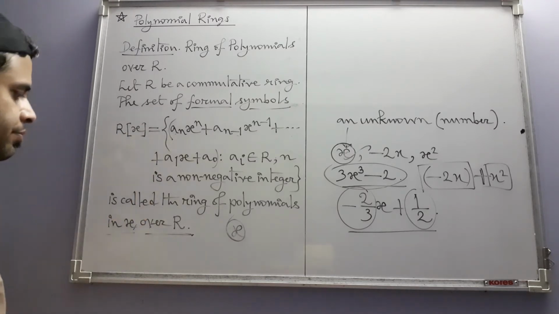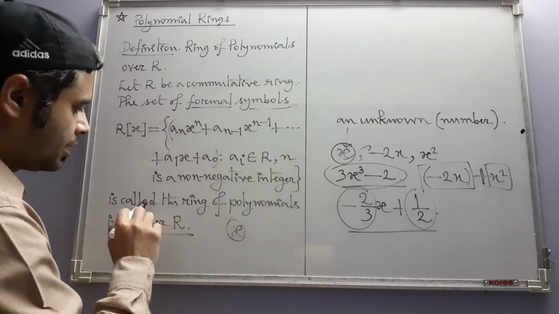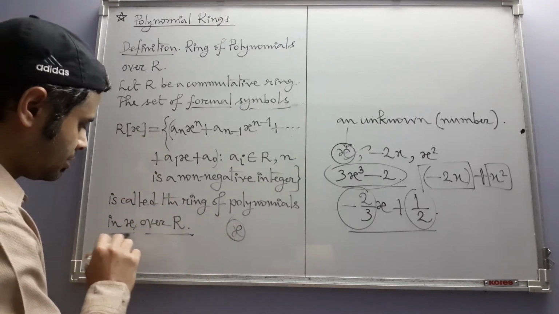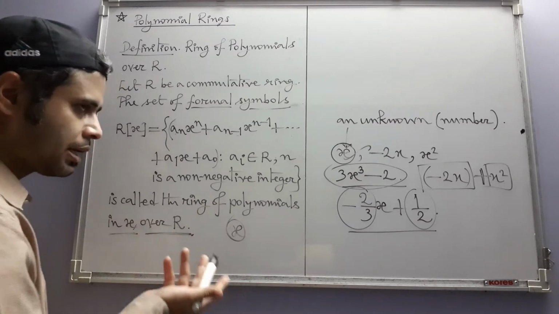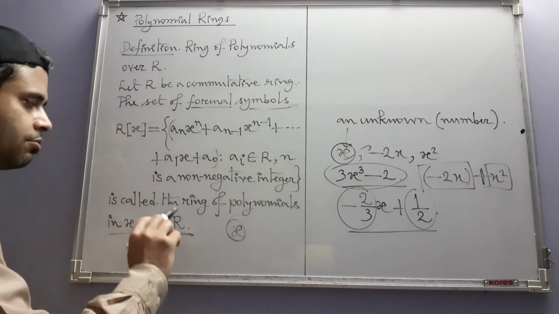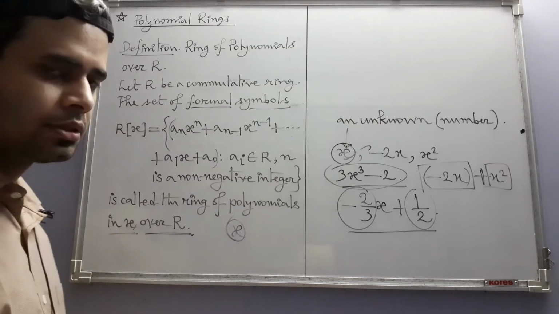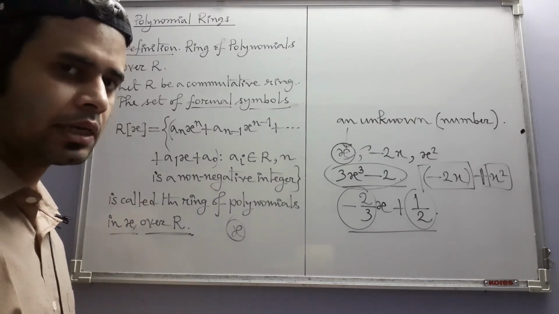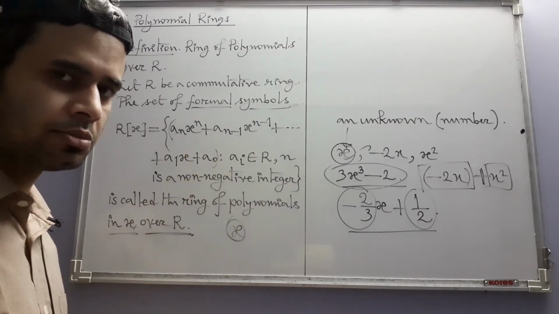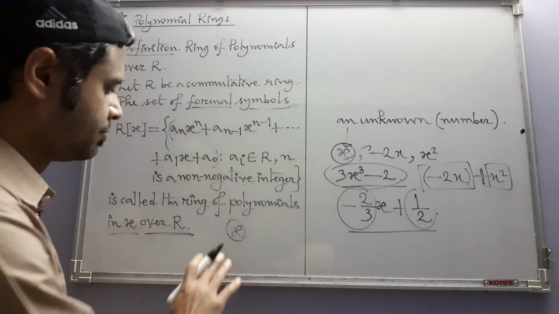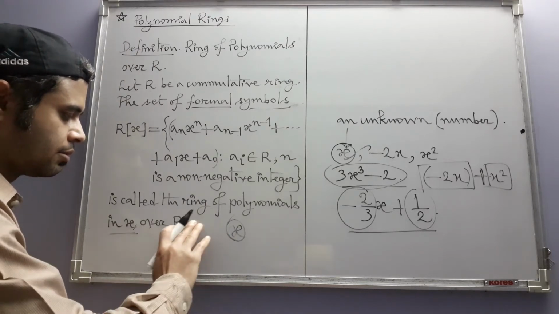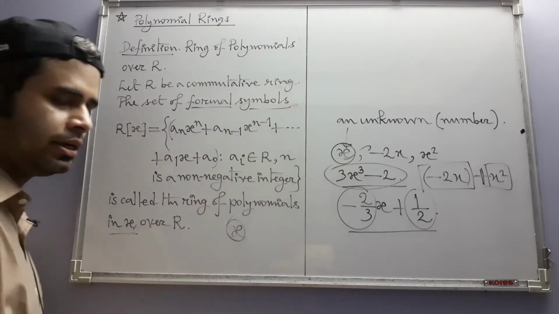Now you may notice that we are saying that this set is called the ring of polynomials in X over R. Over R, of course, means the coefficients are coming from R, but for the set to be a ring, there should be an addition and a multiplication, so that the ring axioms are true. Those things are coming. This definition should not be thought of as having stopped here itself.